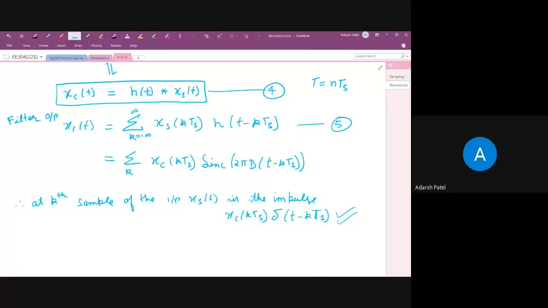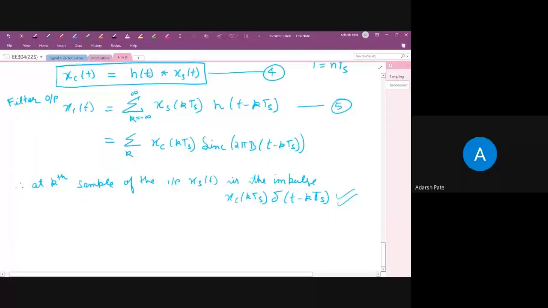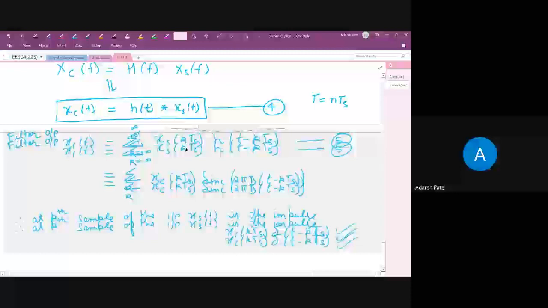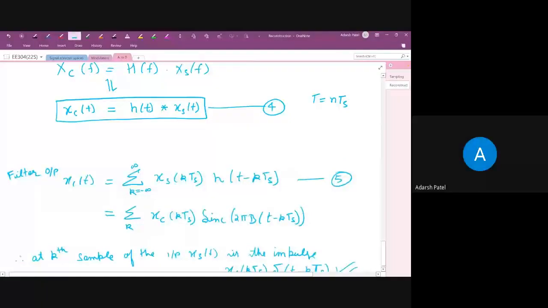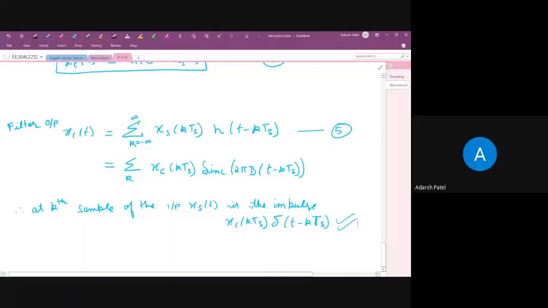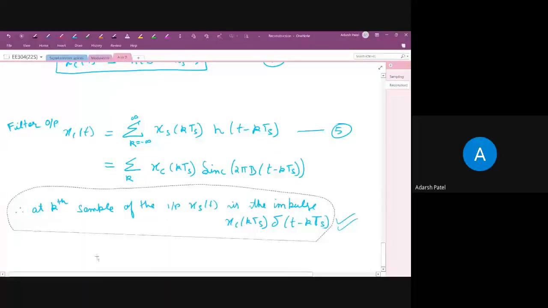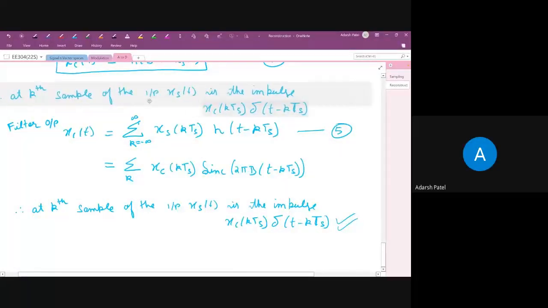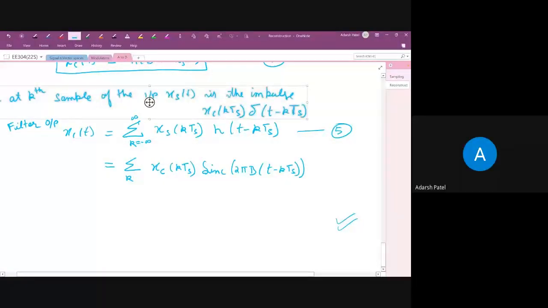So what do we get? We get this x_c(kT_s), or rather I should say this ahead and then write it. Yeah, that would be easier.